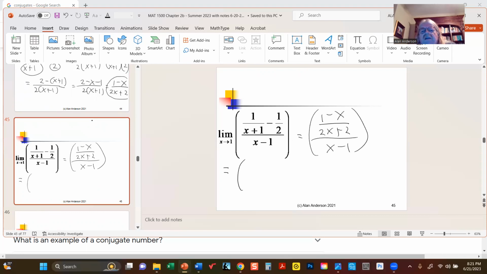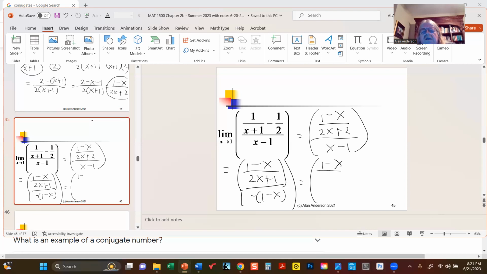The numerator looks like this. The denominator could be rewritten as negative 1 minus x. Now let's do this. I'm going to rewrite it slightly differently. You'll see why in a minute. So I'm going to copy this to the next slide.